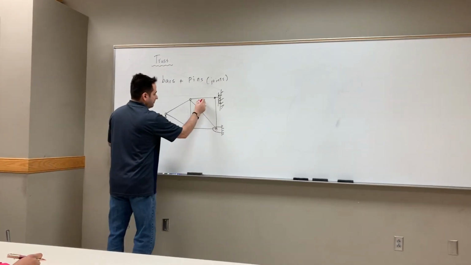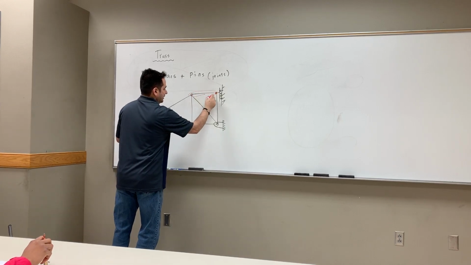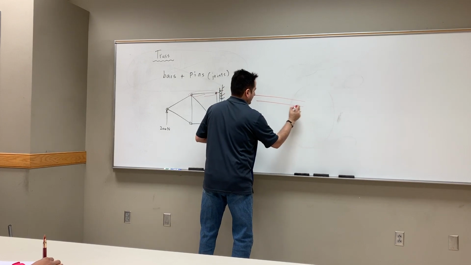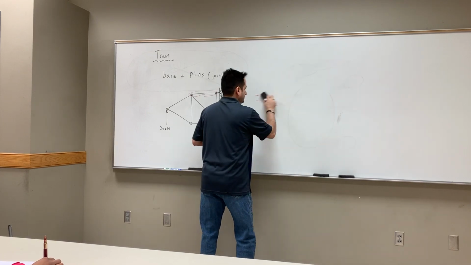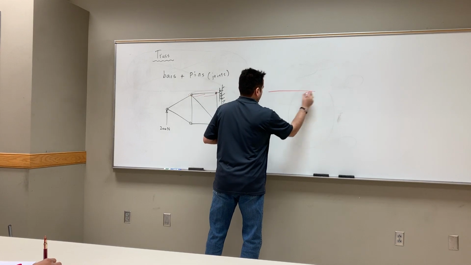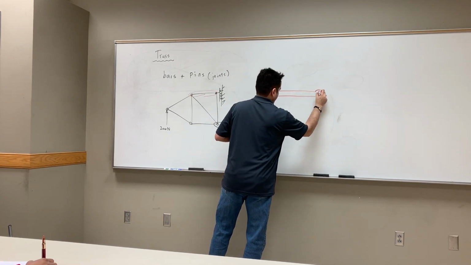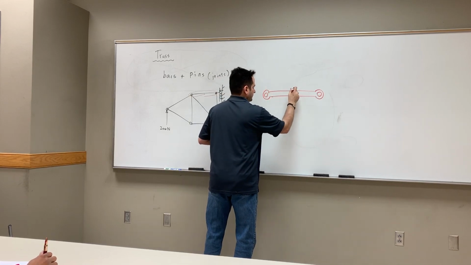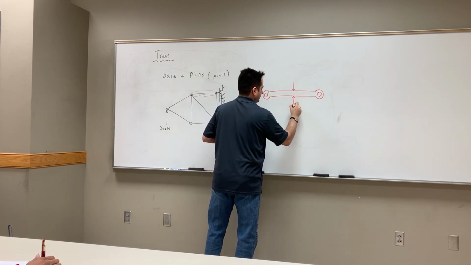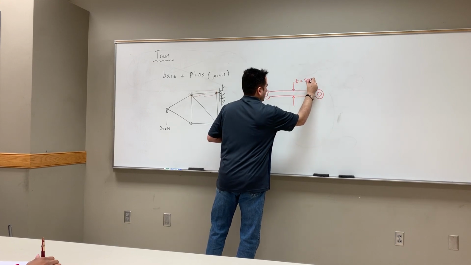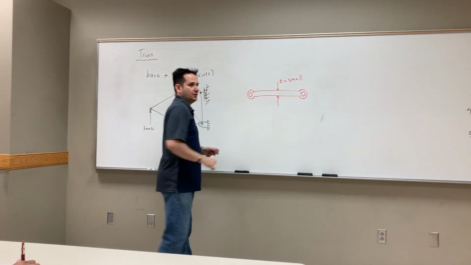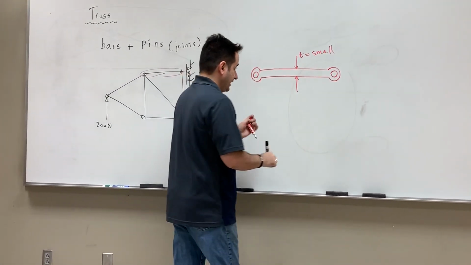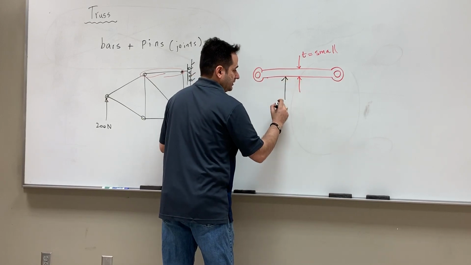So let's consider this member here. If you draw it, that member is kind of like this. Just draw it straight. And this thickness is very small. It's a rod or bar. So in fact, this member cannot accept a shear load.